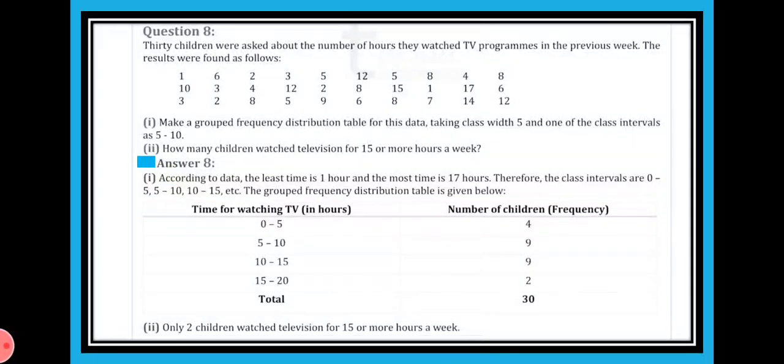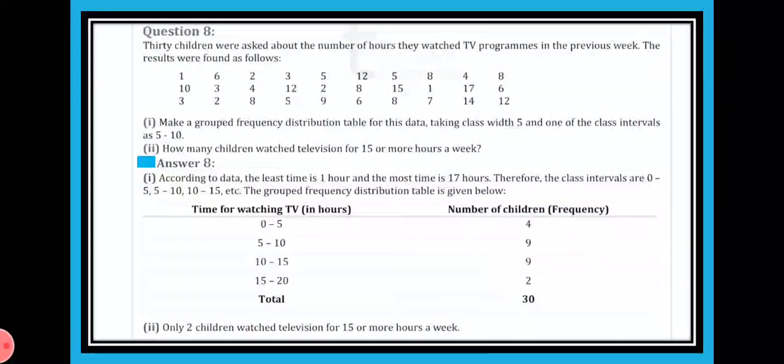So the first class interval is 0 to 5, second 5 to 10, third 10 to 15, and fourth 15 to 20. The frequency for the first class interval, 0 to 5, is 4, 5 to 10 is 9, 10 to 15 is 9, and 15 to 20 is 2. The total frequency is 30, and information for 30 children is already given.